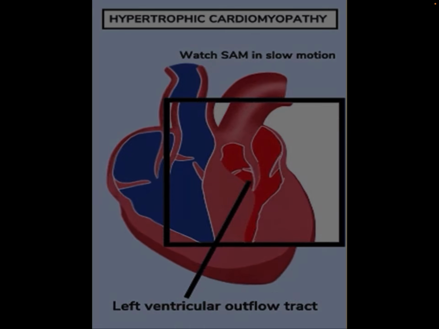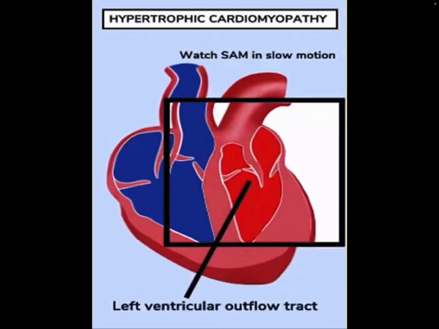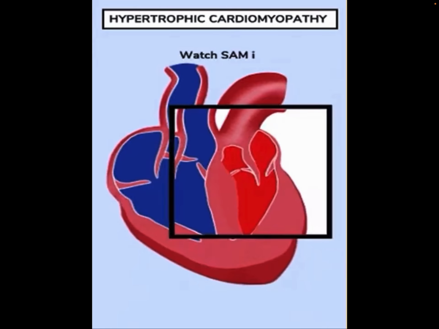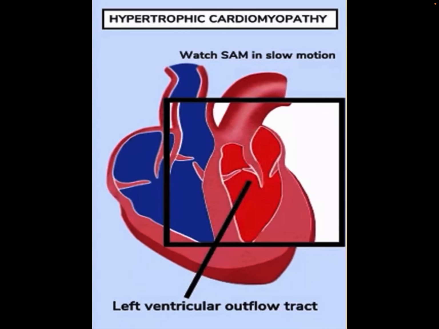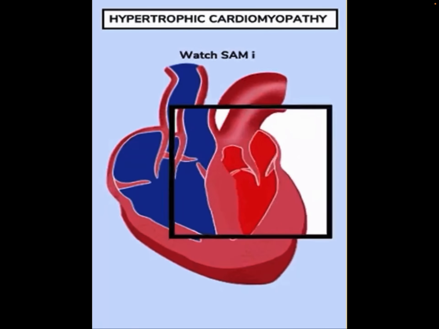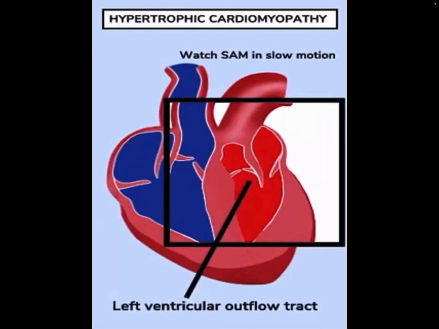When this left ventricle contracts, it leads to worsening of left ventricular outflow tract obstruction, because the septum and the anterior mitral leaflet come together and obstruct the left ventricular outflow, which leads to a decrease in cardiac output after a premature ventricular complex.